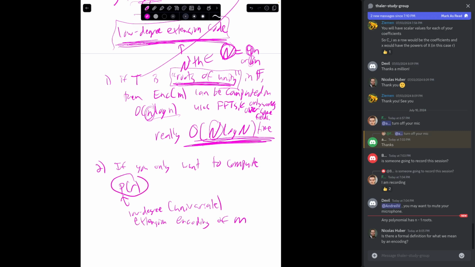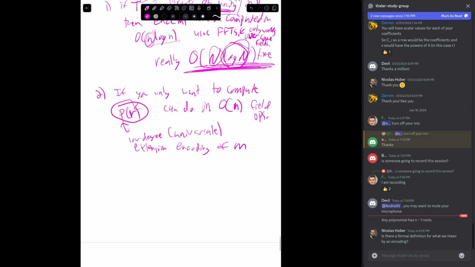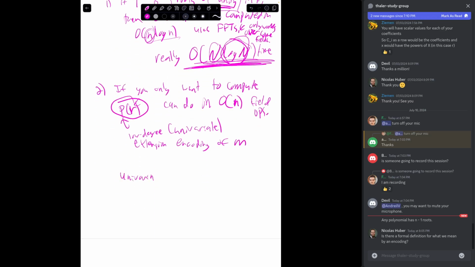If you only care about one entry of the encoding, you can do that in order n operations. You don't need FFTs, you don't get this log n factor, and this is called univariate Lagrange interpolation.